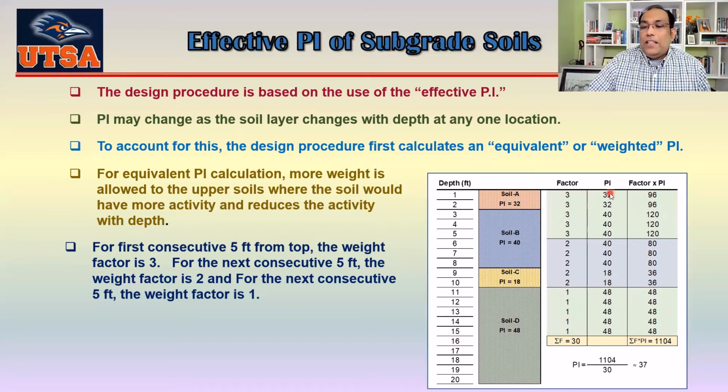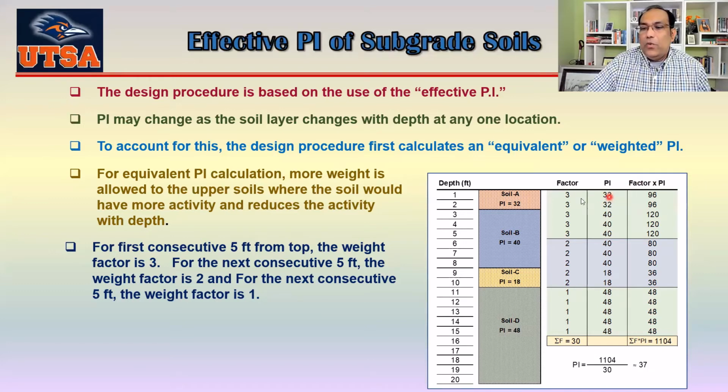I just wrote the PI here for each foot of depth. So this is 32, 32. Here, this is soil B, so this is 40, 40, 40, 40, 40, and 40. Here we have 18, 18, and these are the 48 for soil D. Now, if I multiply this PI with this factor, then this is your factored PI.